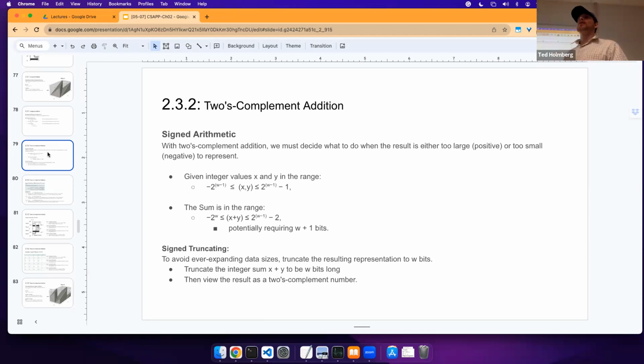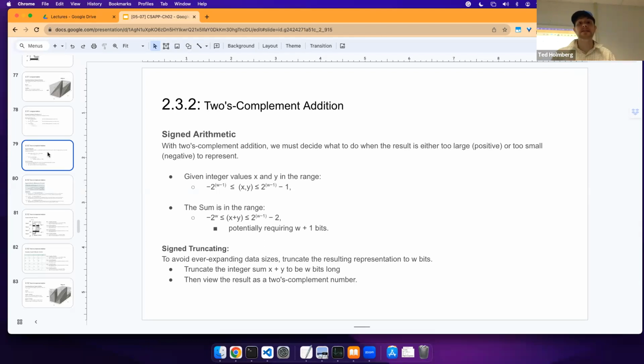That could allow for overflow in multiple directions. So now let's talk about that. Let's introduce the concept of signed arithmetic. Again, our format of signed values is 2's complement.